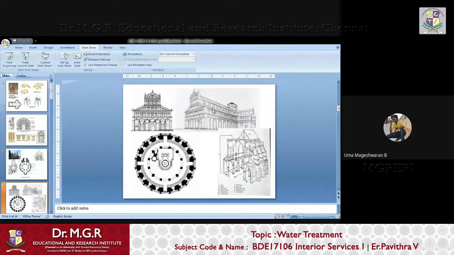Campanile something. Can you see the mouse? And that's Pisa Cathedral also. Cathedral, yes, ma'am. Okay, done.